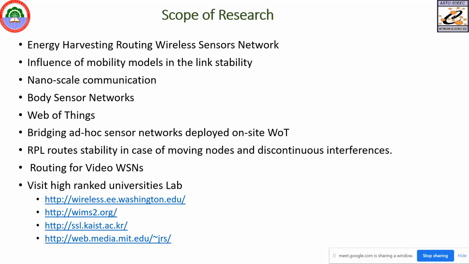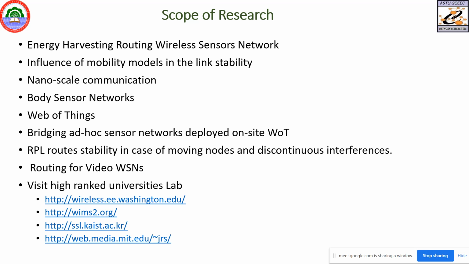There is also the Web of Things, integrating ad hoc sensor networks deployed on-site with the Web of Things, and RPL route scalability in the case of moving nodes and discontinuous interference. Routing for video WSNs is also a future research area.